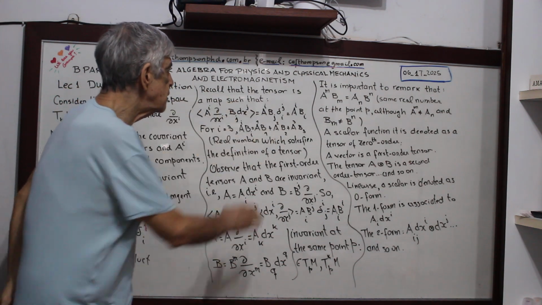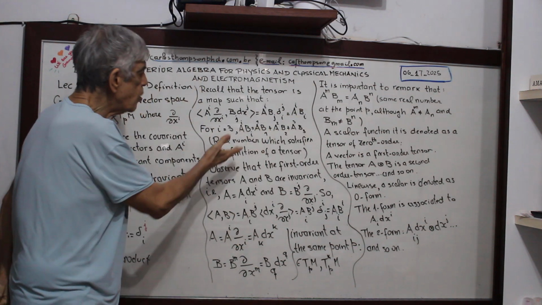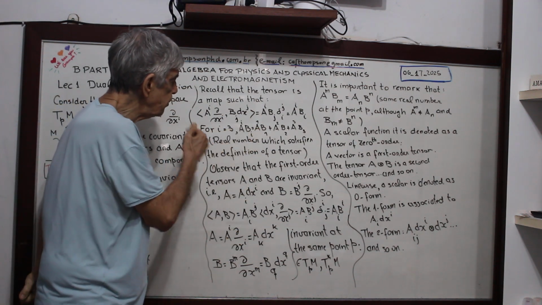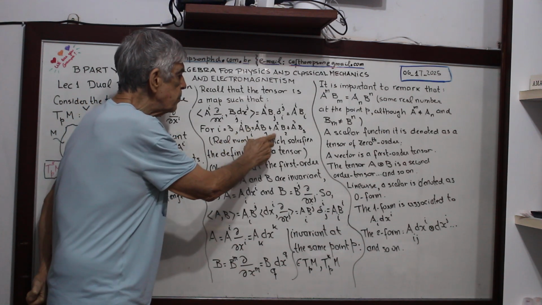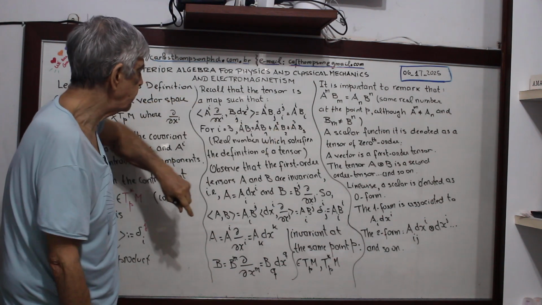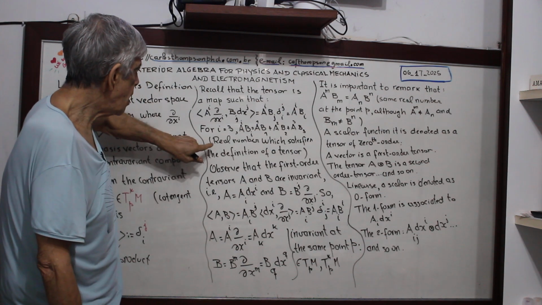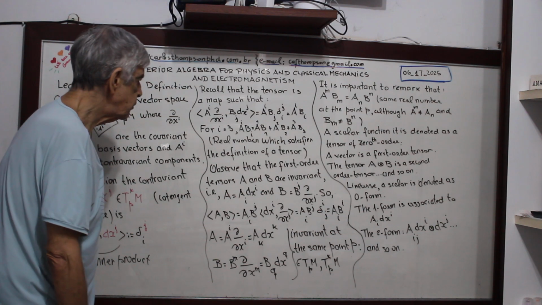So you apply the Kronecker delta, and this gives a^i b_i. Now, for instance, for i equal to 3, there is a dummy index: a1 b1 plus a2 b2 plus a3 b3, which is a real number, okay, by the definition of a tensor. A real number satisfies the definition of a tensor.